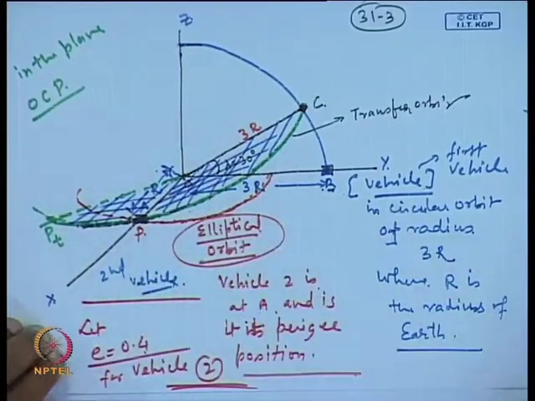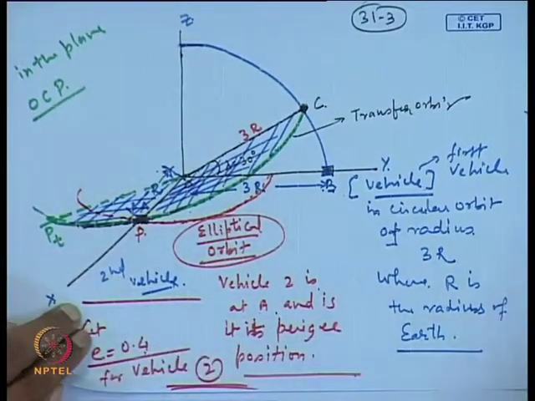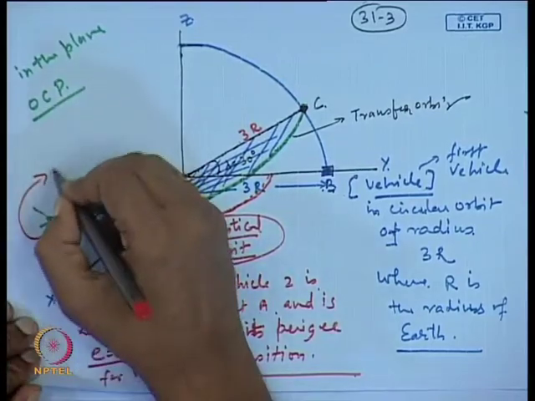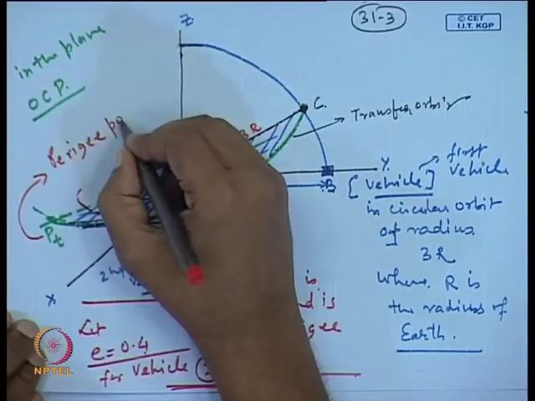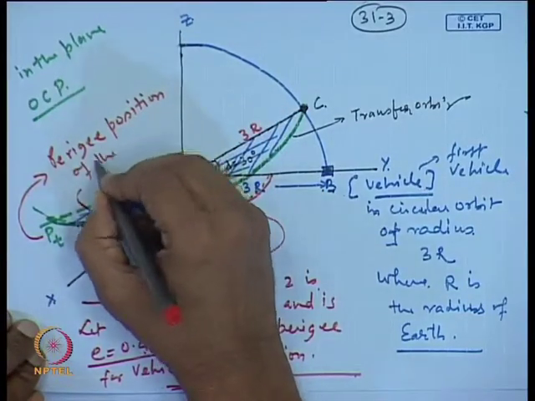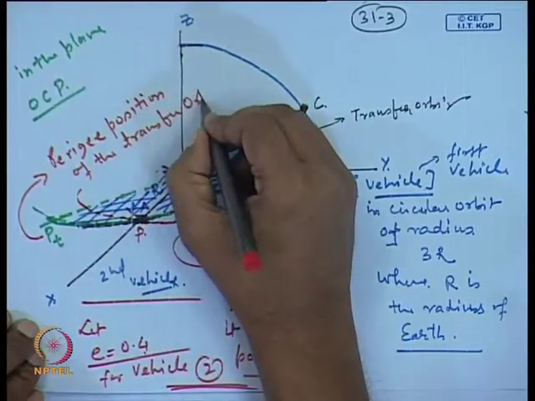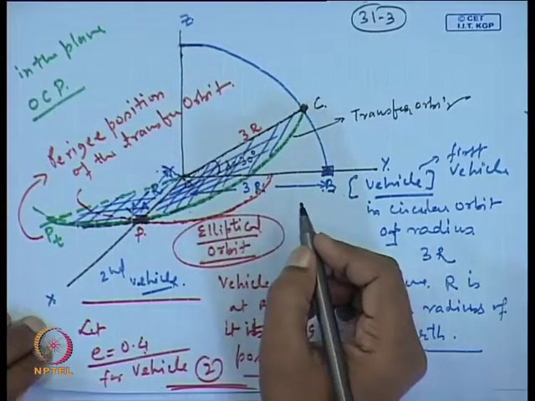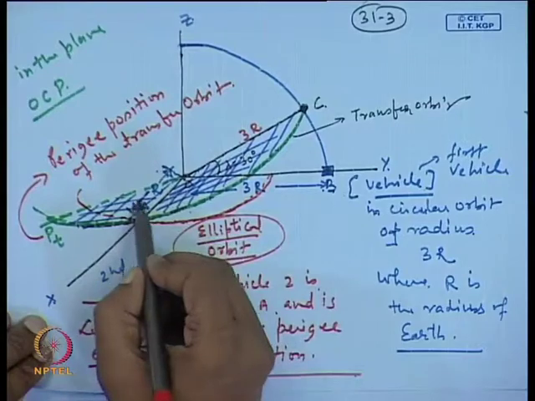This is constituting one orbit, and PT is the perigee position of the transfer orbit. And what is its location?